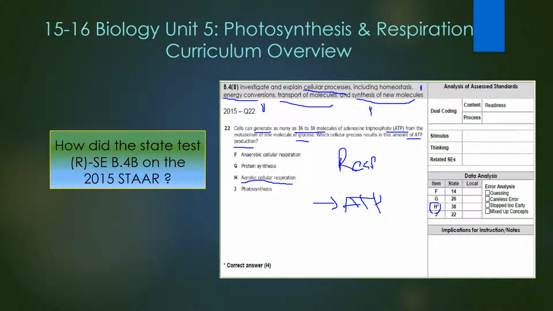It just says cellular processes, but the supporting SE, which is comparing and contrasting photosynthesis and cellular respiration, is a cellular process, and they're testing it in terms of these different contexts. I hope that makes sense. You can go through additional ones. I'll do one more with you, and then we can go through other ones real quickly where you can understand how they're being tested.